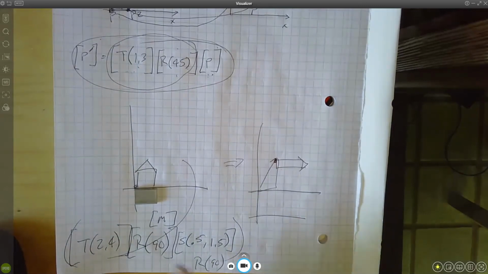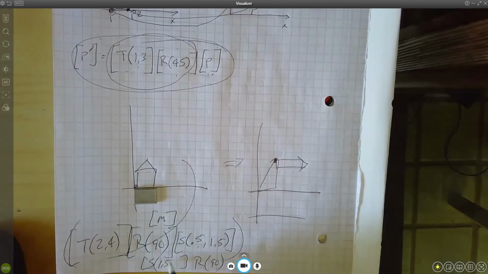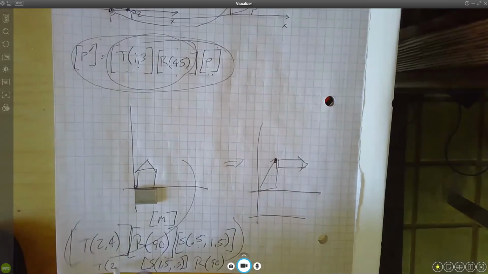And then I'm going to take my scale next. So now instead of scaling x by 0.5, I need to scale my y by 0.5. So I've now got different numbers inside my matrix. Instead of 0.5, 1.5 it is now 1.5, 0.5. And then my translation is going to remain the same in this case.